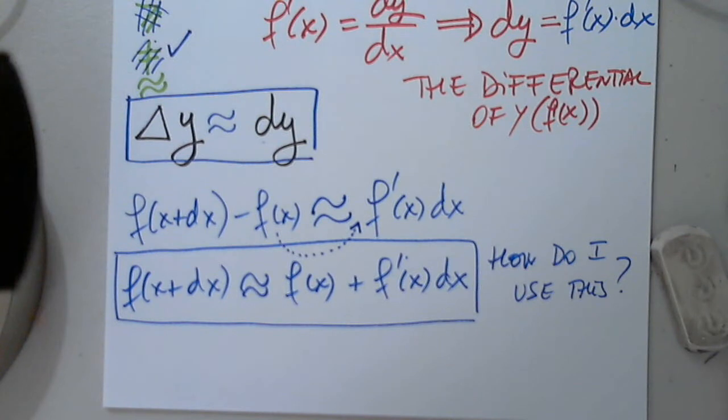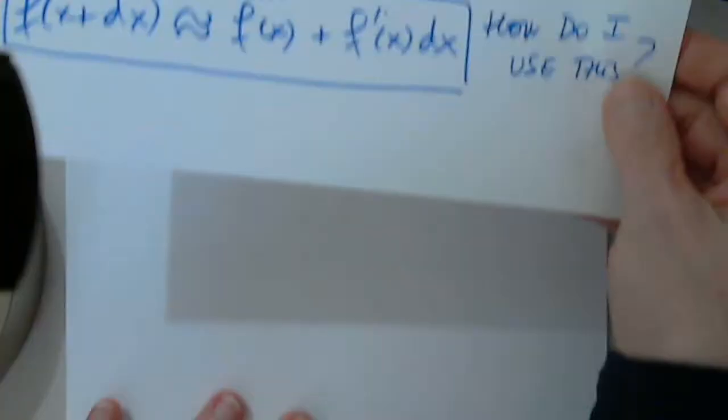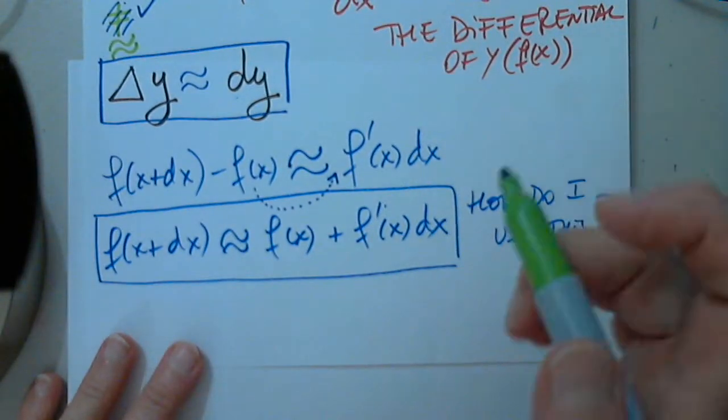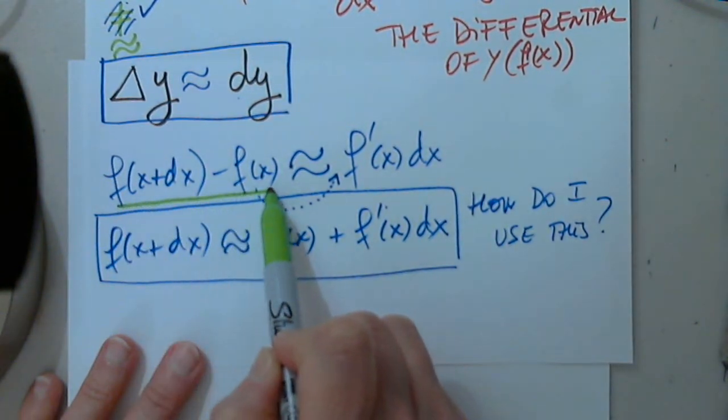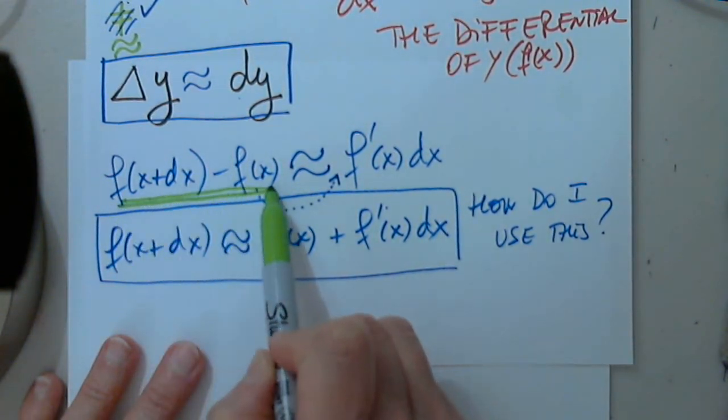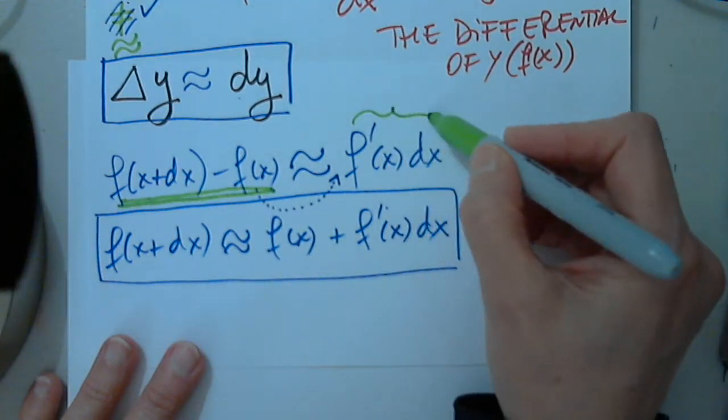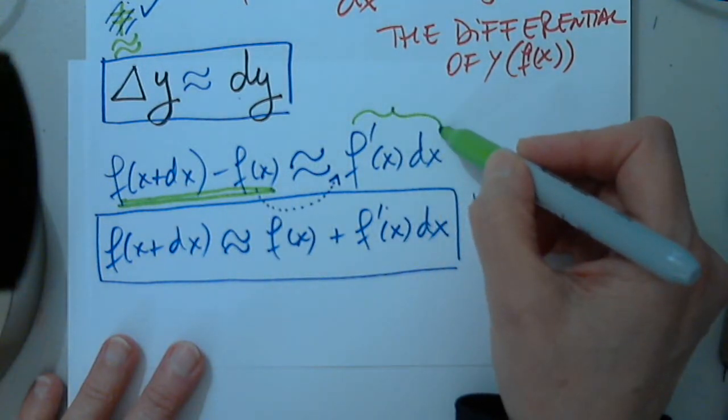So let's start with an example. A simple problem. Again, this tells us that I can determine the exact change in a function by simply multiplying these two quantities.